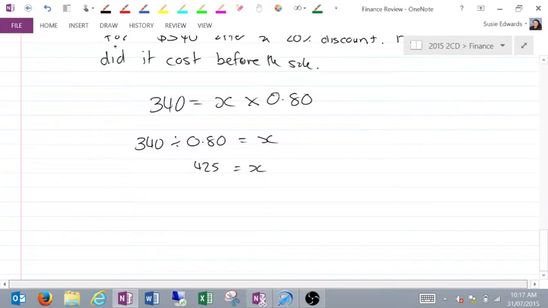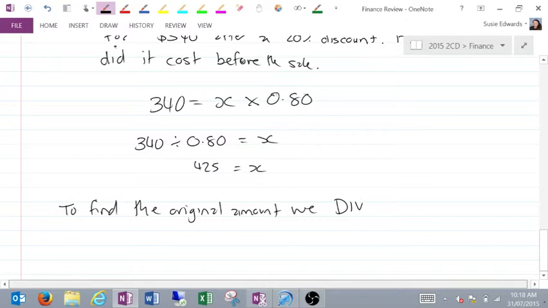So, to find the original amount, and we're going to do a couple of examples of this. To find the original amount, it's the only time which we divide. We divide by the percentage which we know.